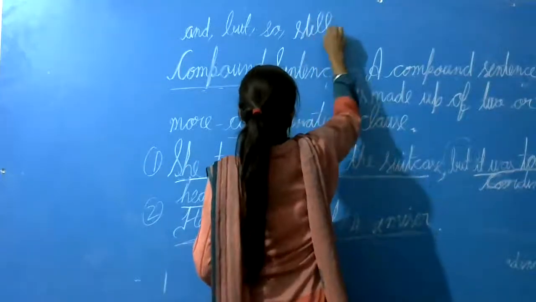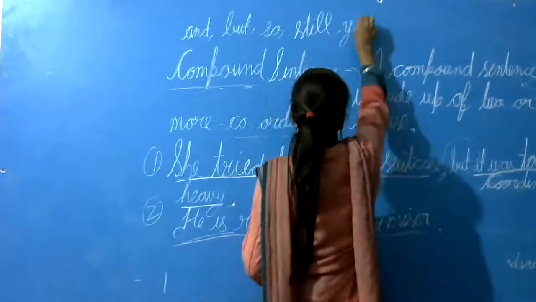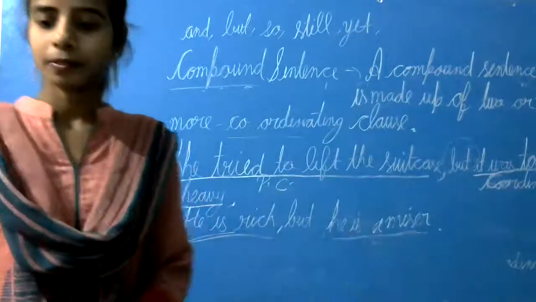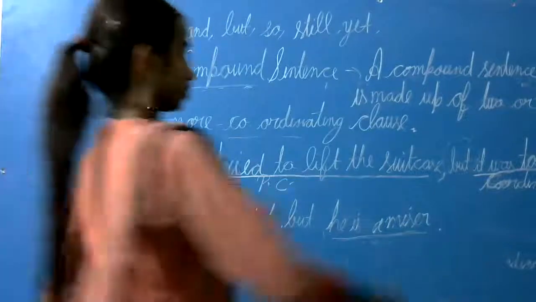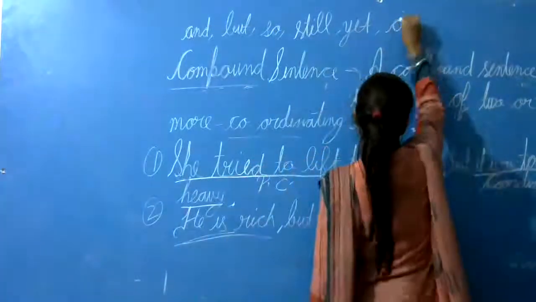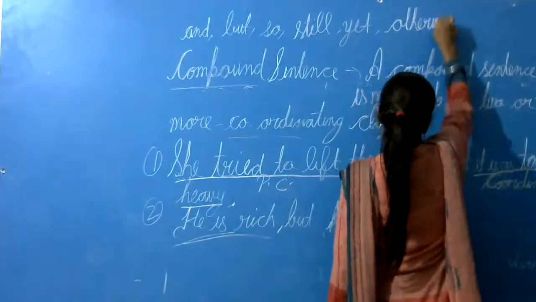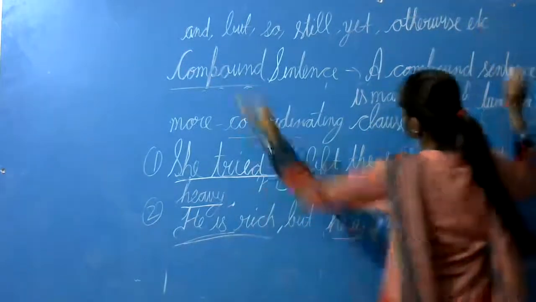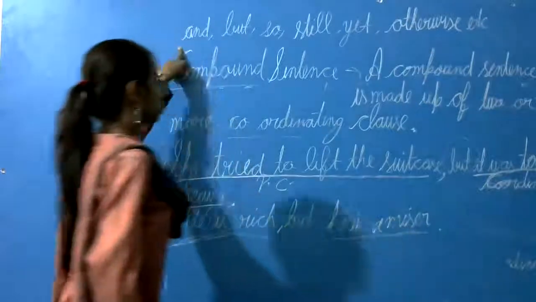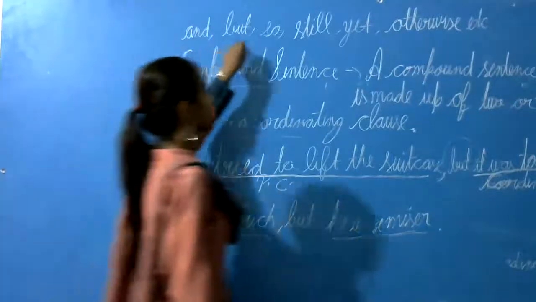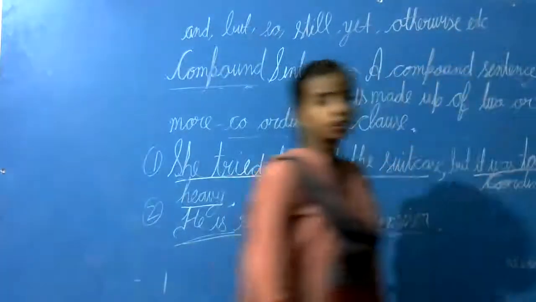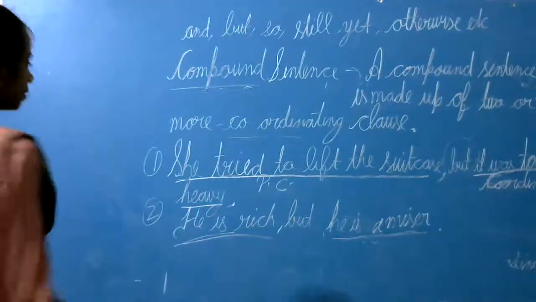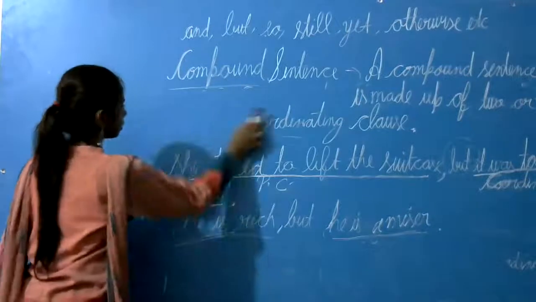Still, yet, otherwise, etc. So like this, many other words are known as coordinating conjunctions: and, but, so, still, yet, otherwise, etc. Note it down. Yes, Sharik, note it. So I am going to erase.